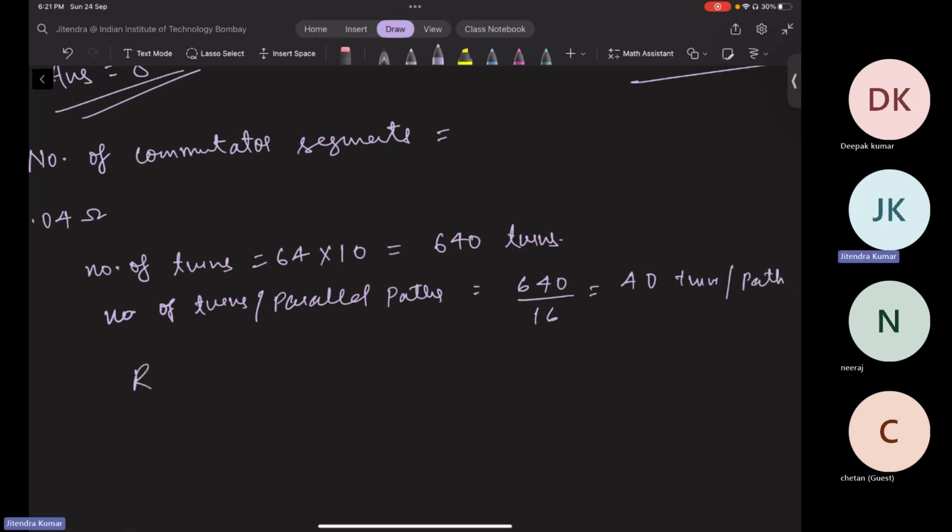And the resistance for the path would be how much? 0.44 ohm.